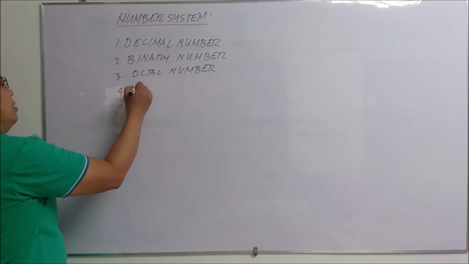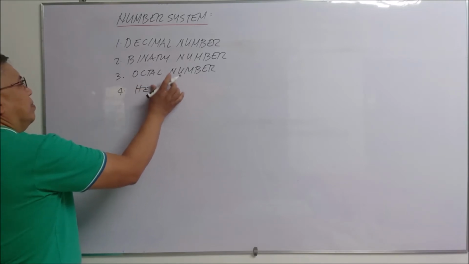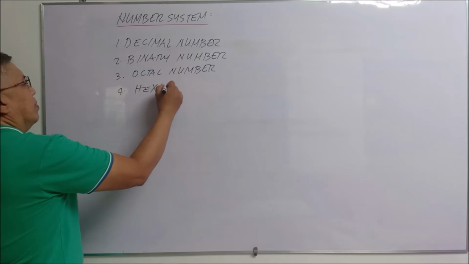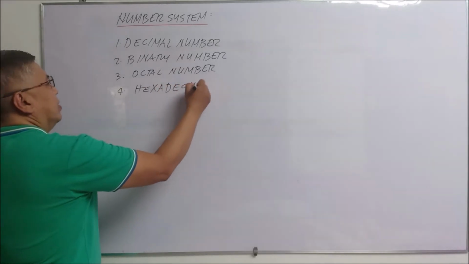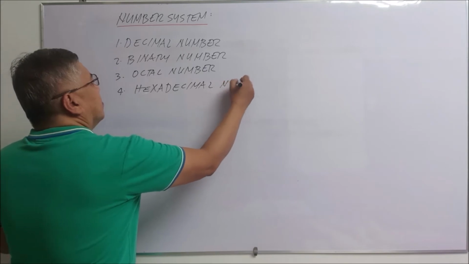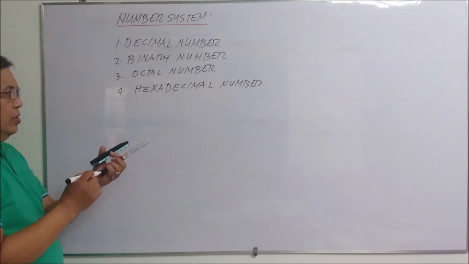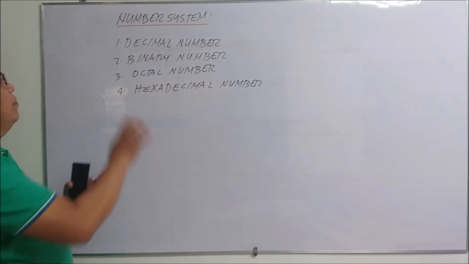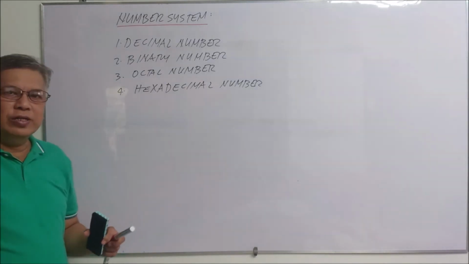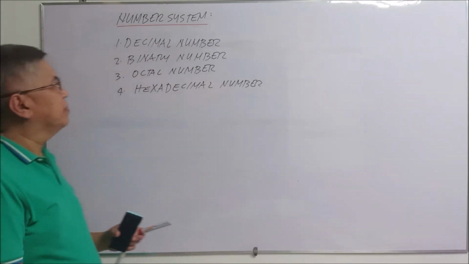And we have the hexadecimal number system. Okay? So these are the four most commonly used number systems in digital technology.